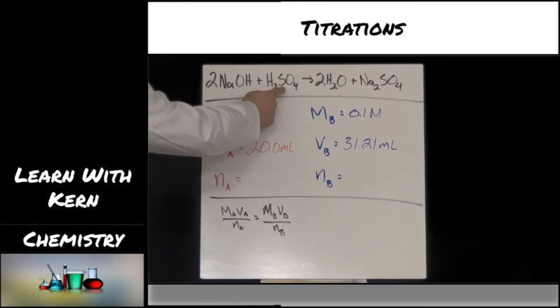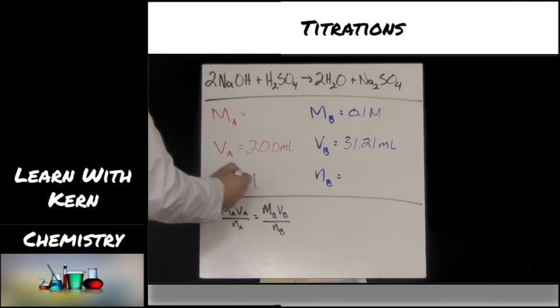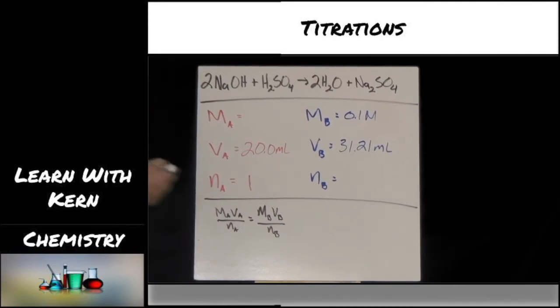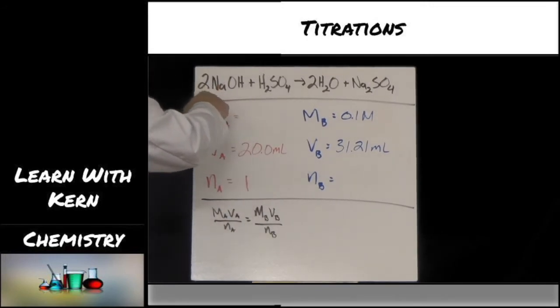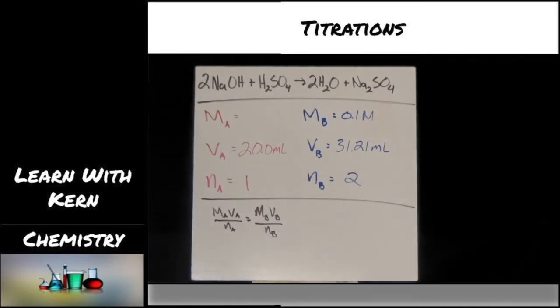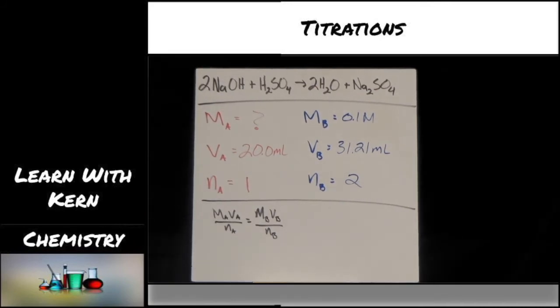Well, the acid is sulfuric acid, so the coefficient here is 1. And the number of moles of our base is sodium hydroxide, so that is a 2. And of course, the concentration of our acid is what we're looking for.